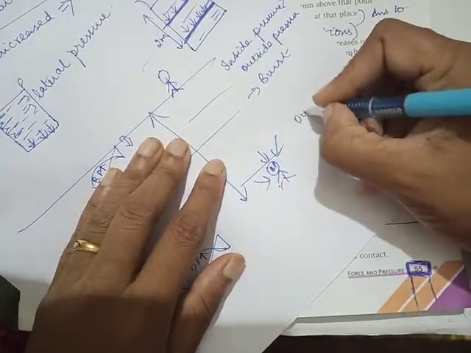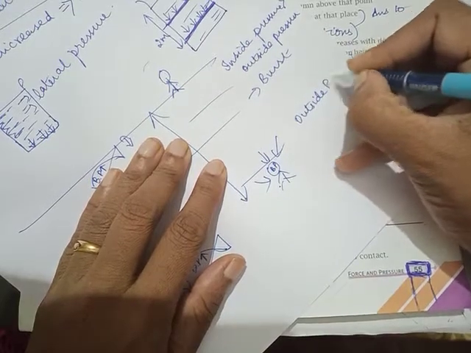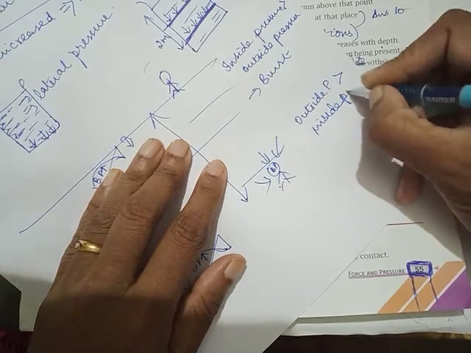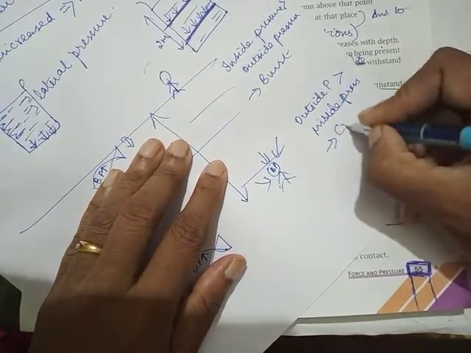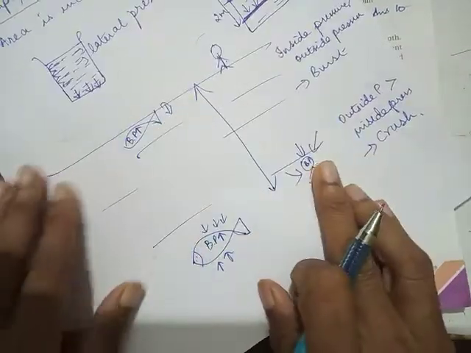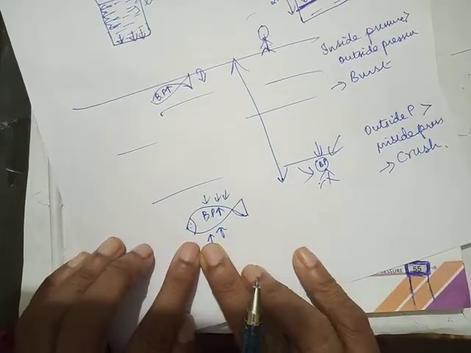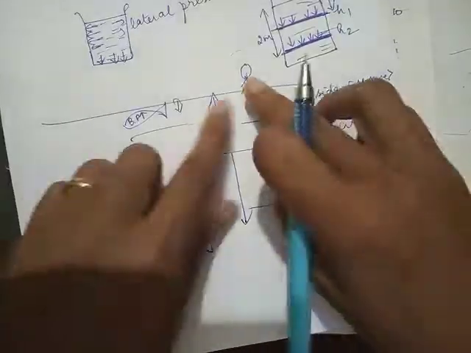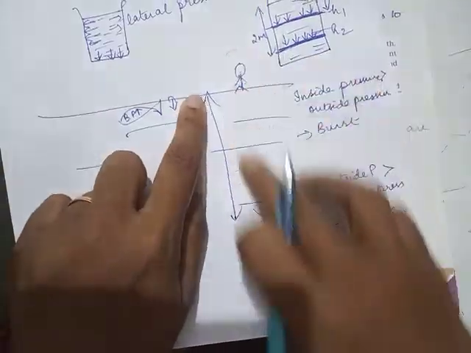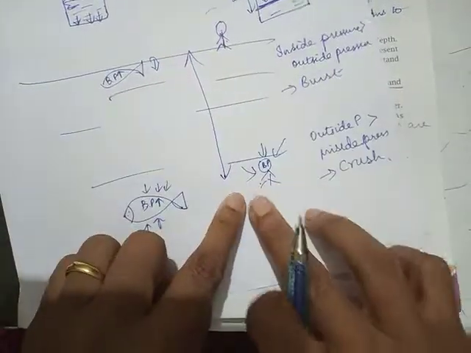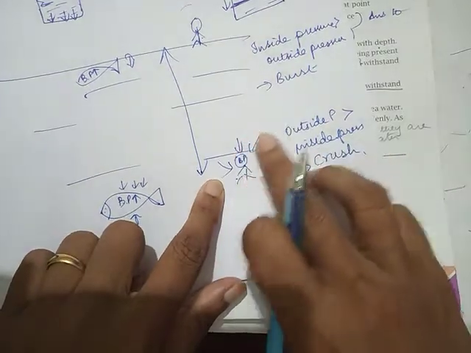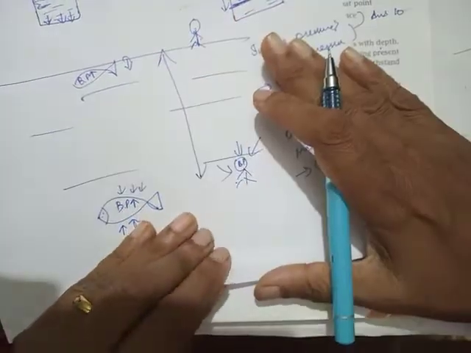So outside pressure will be greater than inside pressure, and that will crush his body. Are you able to see the difference, children? Anything that is usually deep inside, like a fish, if it comes up, it will burst. And a human being who is normally on the surface of earth, when he goes into the deep sea as a diver, his body might get crushed because outside pressure is more. Are you able to see this difference?